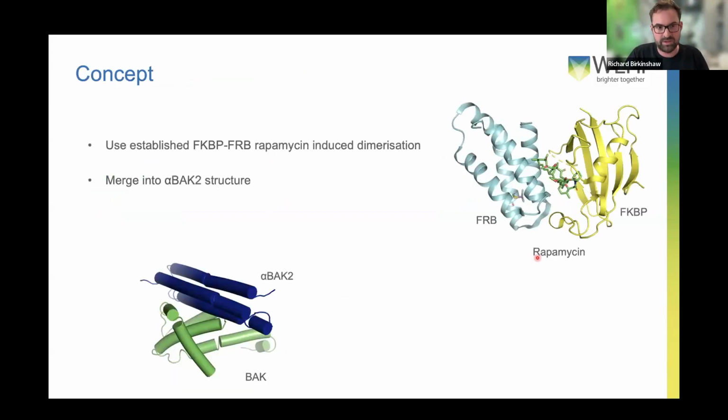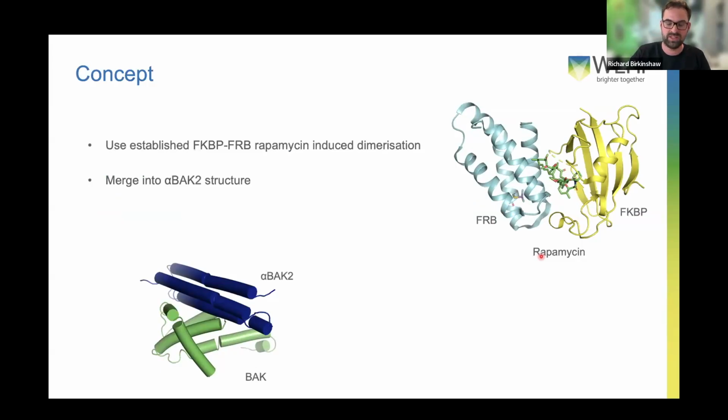So the process that we came up with was using this FRB, FKBP rapamycin binding as an established protein dimerization that is induced by the presence of rapamycin. We wanted to merge this into our anti-BAC2 structure.